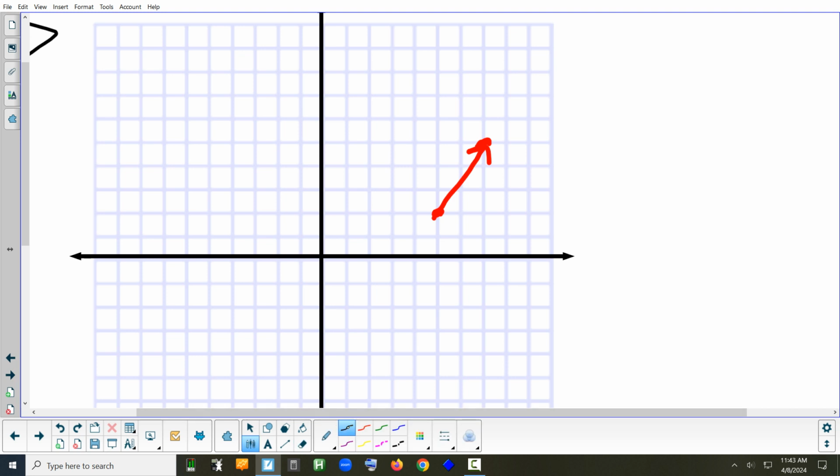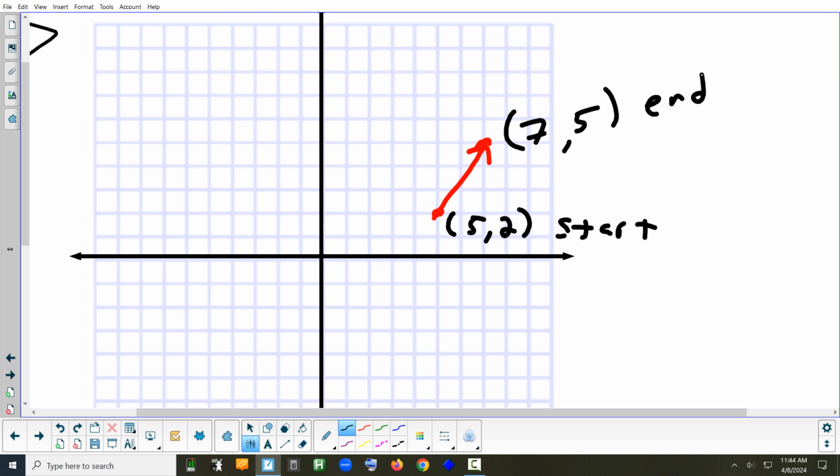What's the coordinates of where that vector starts? 5, 2. That's the start. And what's the coordinates of where it stops? 7, 5.